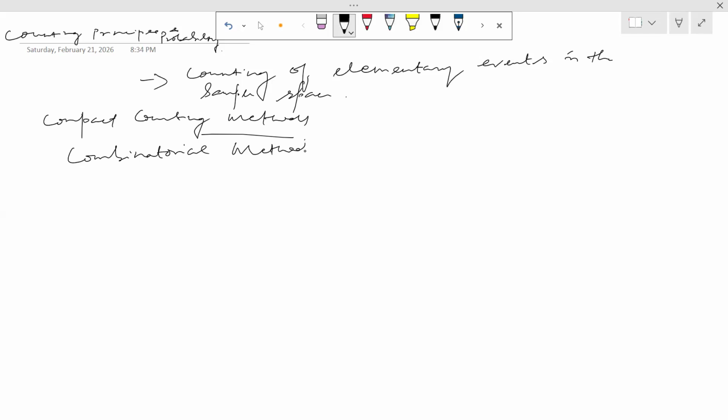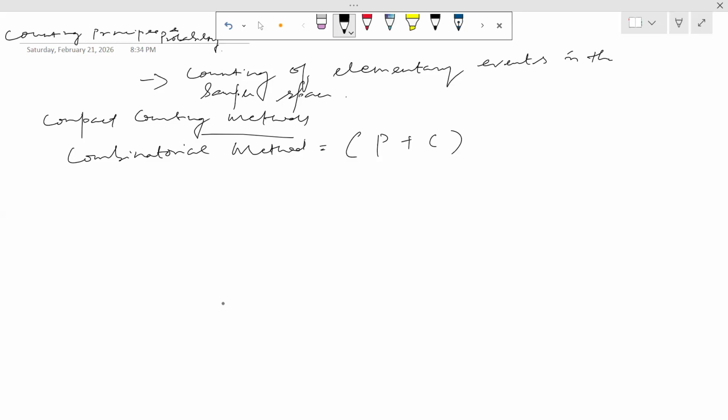Is it clear, Madhusuda? It is actually permutation plus combination. So these combinatorial methods, or permutation and combination, play an important role in computing probability.